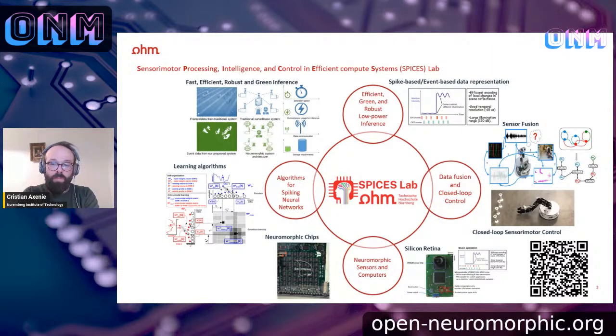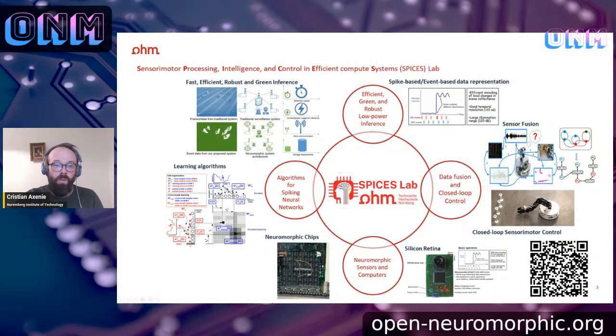I have some experience with neuromorphic computing from back in the days when SpiNNaker was still trendy and the silicon retinas were custom boards developed in Munich and then at KTH. My focus was on interactive closed-loop systems, so I will look at robotic applications, but I'm also spending my time on learning algorithm design and so on. But again, at the topmost part of the pyramid, we have fast, efficient, robust and green inference.